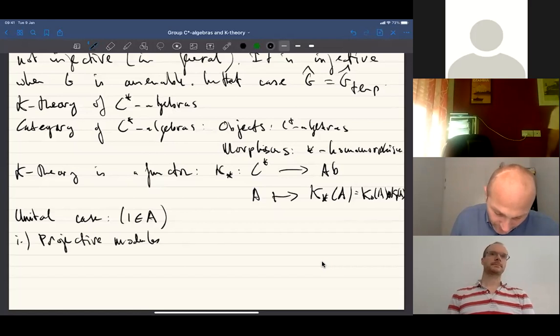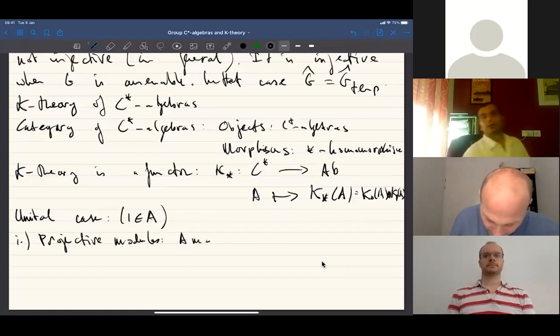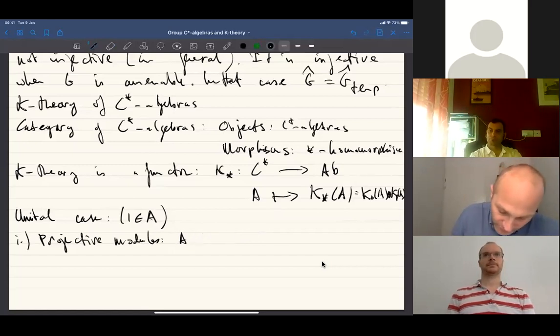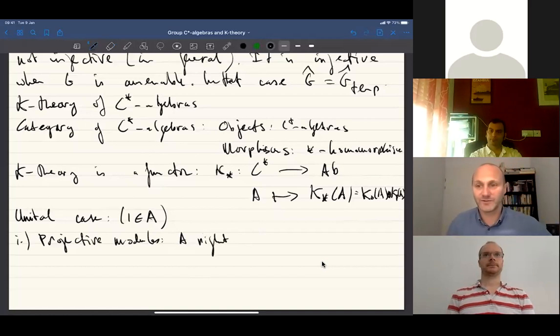So a module P, let's say the right module, because we're dealing with non-commutative rings, right and left is always important. And it's not true that every right module is also a left module. So you need to fix a convention from the start.